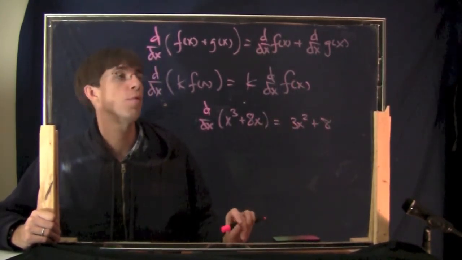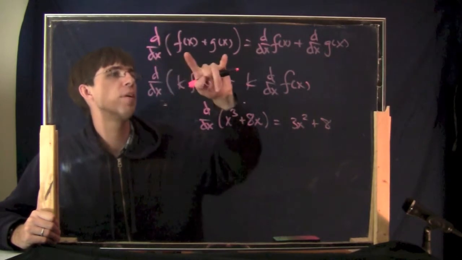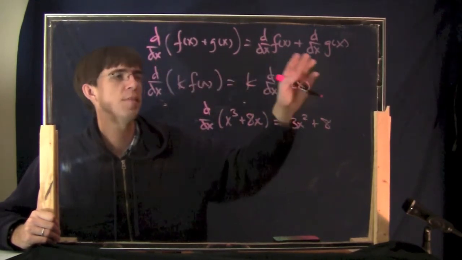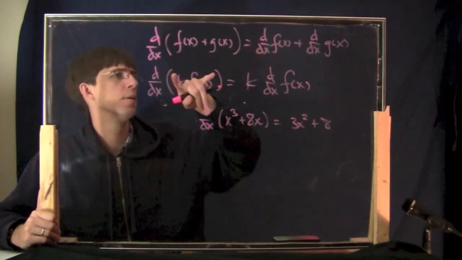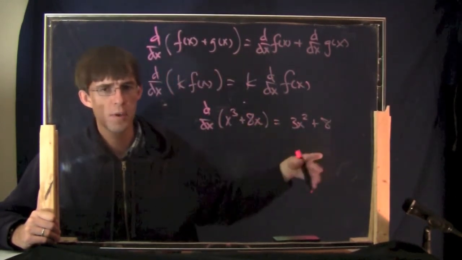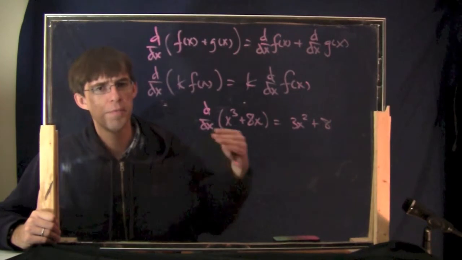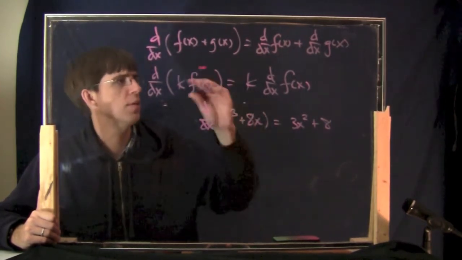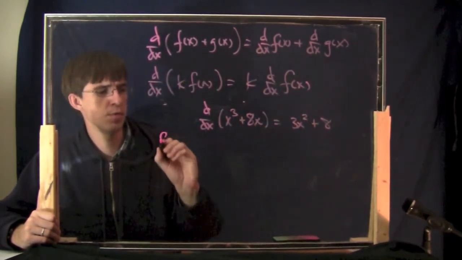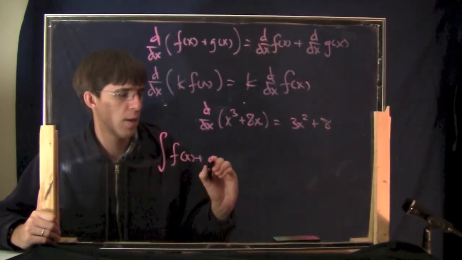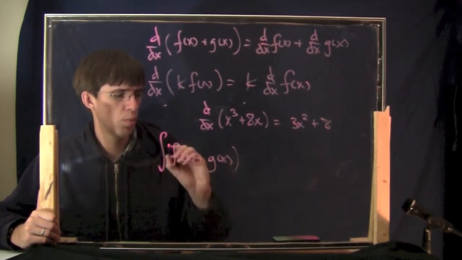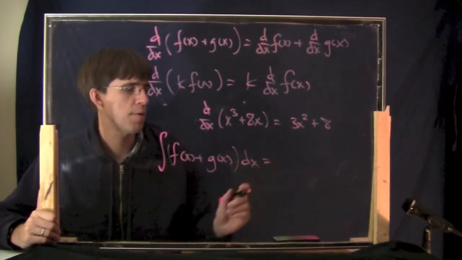The same properties hold for the antiderivative. If the derivative of the sum is equal to the sum of the derivatives, then automatically the reverse should be true. The function whose derivative is a sum should equal the sum of functions whose derivative is whatever, right? The same rule is true for the antiderivative. So this is a rule which is very important, although it's so important that perhaps you will do it just naturally without even thinking about it.